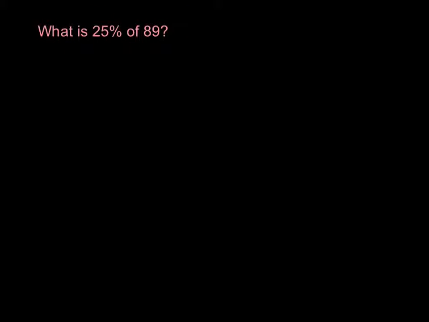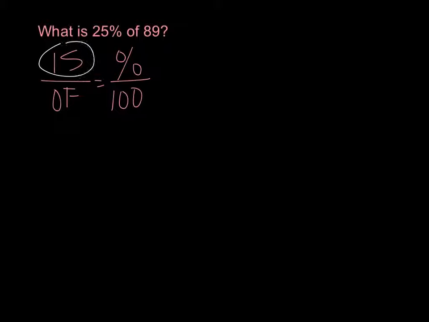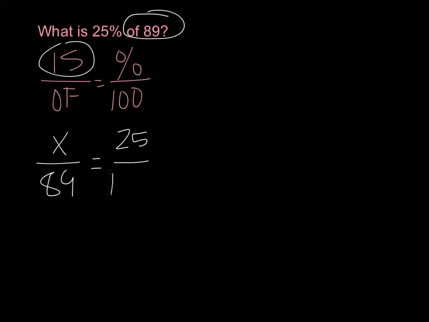The next one we're going to look at is what is 25% of 89. So we're still going to use the is over of equals percent over 100. This is our formula for solving these problems. So remember, our is always the x, the of is 89, what we're finding the percent of, and then our percent 25 over 100.